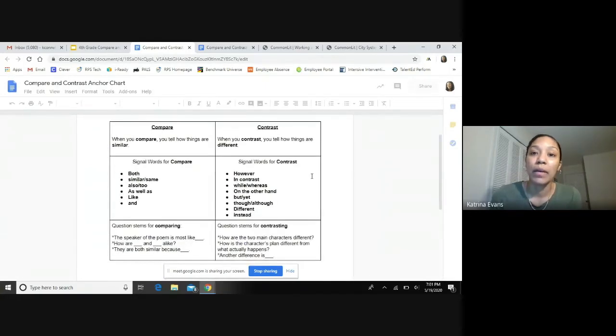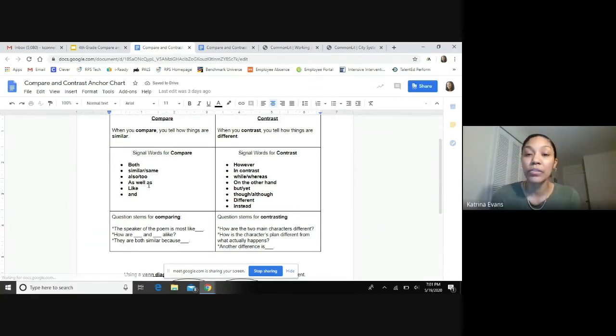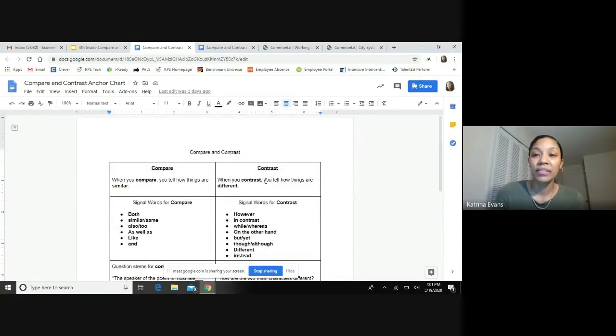If you're talking about how the stories are the same, use words such as both, similar, same, also, as well as, like, and. But also, I would like for you to use signal words when you are contrasting, such as however, while, although, or though. Once you finish, you should be proud of your work and share it with someone or share it with myself.